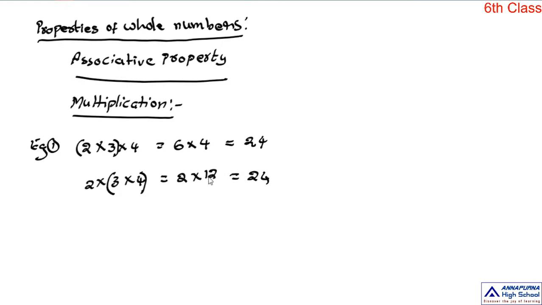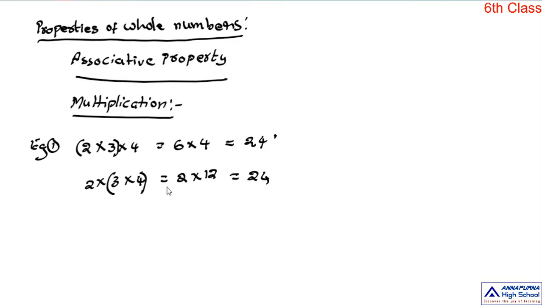Here also what we observe is that the multiplication in 2 different ways gives the same result. This shows that results are same even if we change the grouping of numbers.